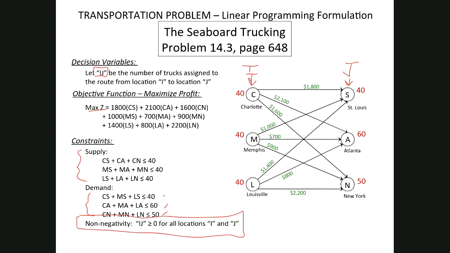All of those have to be greater than or equal to 0. Okay, so this is the complete formulation. I want you to study this and think about this. As you're doing this, think about it for a few minutes, and then you'll want to follow up and look at the next video where we're talking about the Mystic Coffee problem.